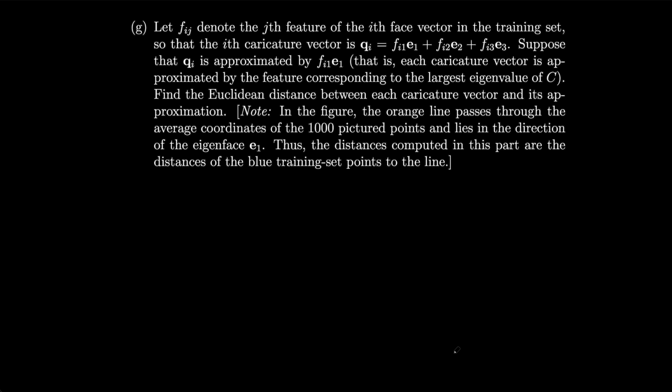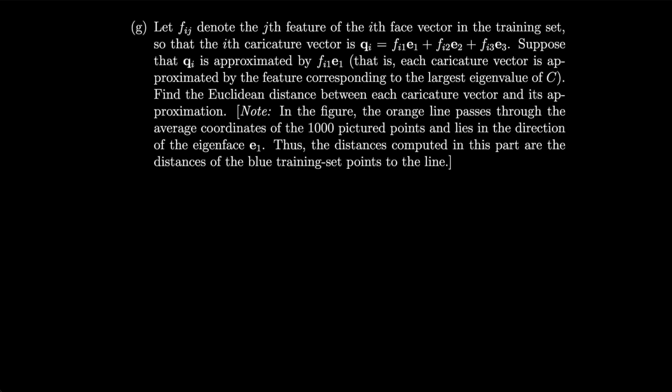So the ith caricature vector is given by Qi, Fi1 times E1, Fi2 times E2, Fi3 times E3. And let's suppose that Qi is approximated by just Fi1 E1, so we'll just discard the rest of it to make the computation of Qi easier. Okay, so each caricature vector is going to be approximated by the feature corresponding to the largest eigenvalue.